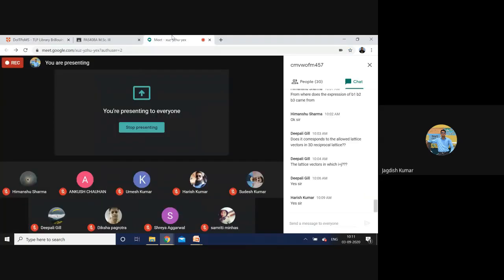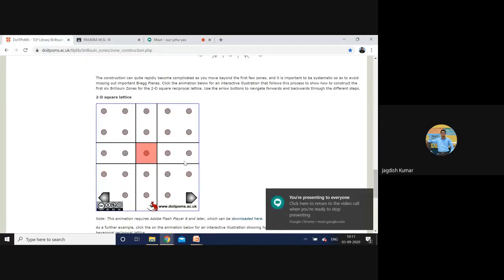Is this clear? This is quite simple, but still, is this clear? Any question? Well, fine. Now let us try to draw the other, higher Brillouin zones.